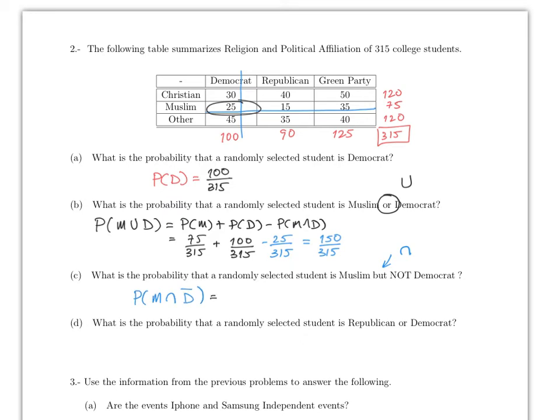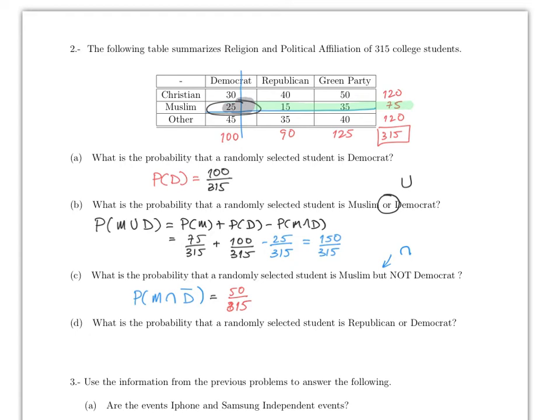Remember, these are the people that are Muslim, but you cannot count anybody that is Democrat. So that means you cannot count this value. So therefore, how many people do you have left? It should be the 15 plus the 35, which is how much? 50, right? Should be 50 over 315.